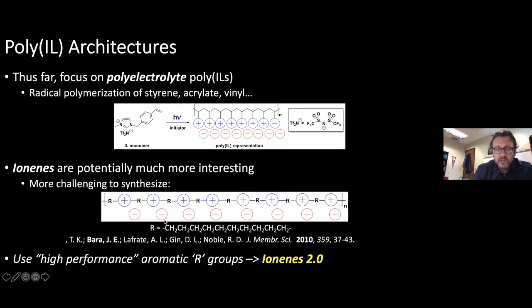The membranes didn't perform all that well for CO2 separation, but they had very nice physical properties. So we start to think, what if this R group is something else? What if it's what we call a high performance R group? I'm going to talk quite a bit about the design of R groups here, because we get some very interesting materials when we choose R groups that come from more conventional polymers.